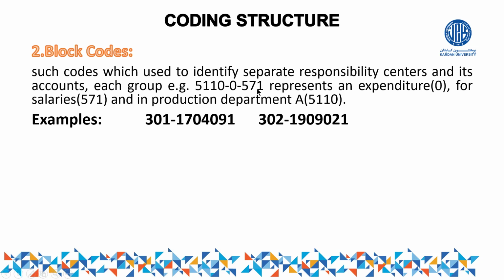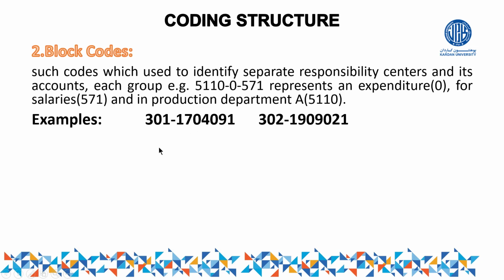Suppose this is the code of salary, and this belongs to the finance department, and this part shows how much the amount of salary is. So block code basically shows three or four activities: which kinds of expenses, for example salary expenses, how much is the amount of salary, and for which department.